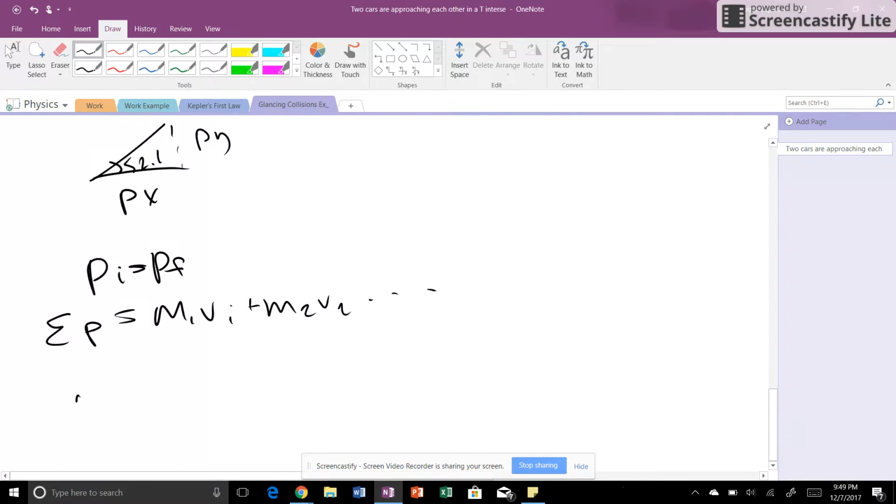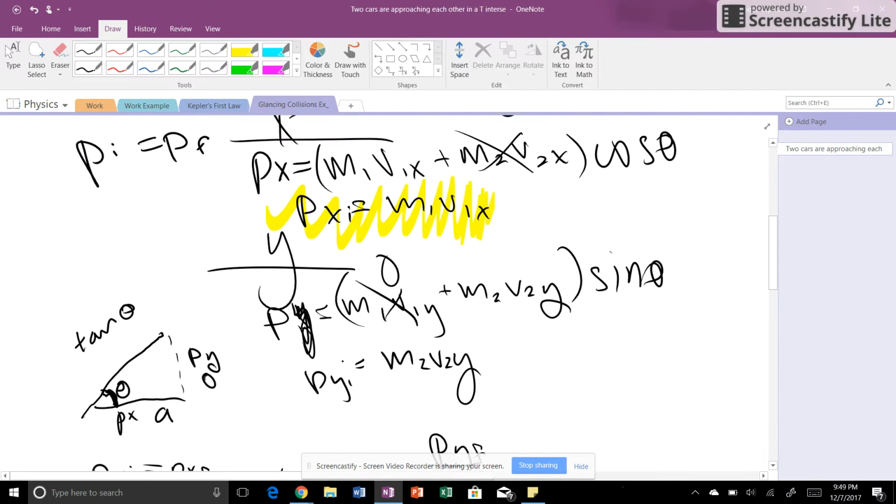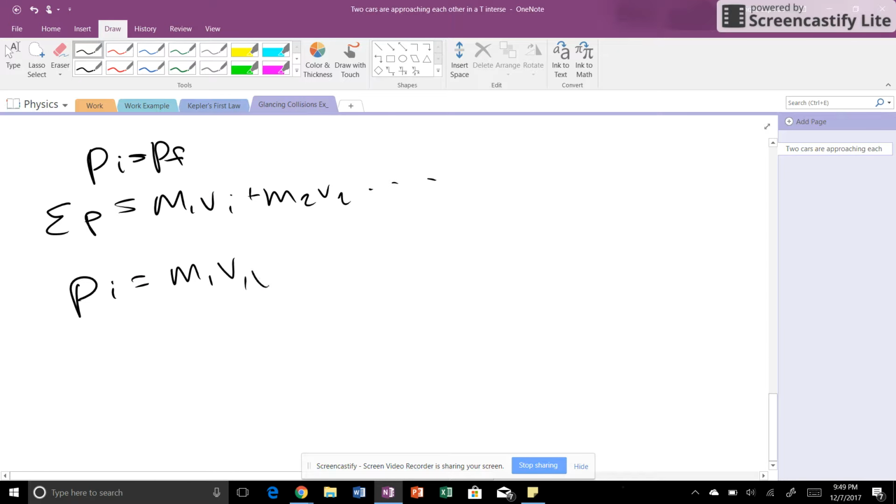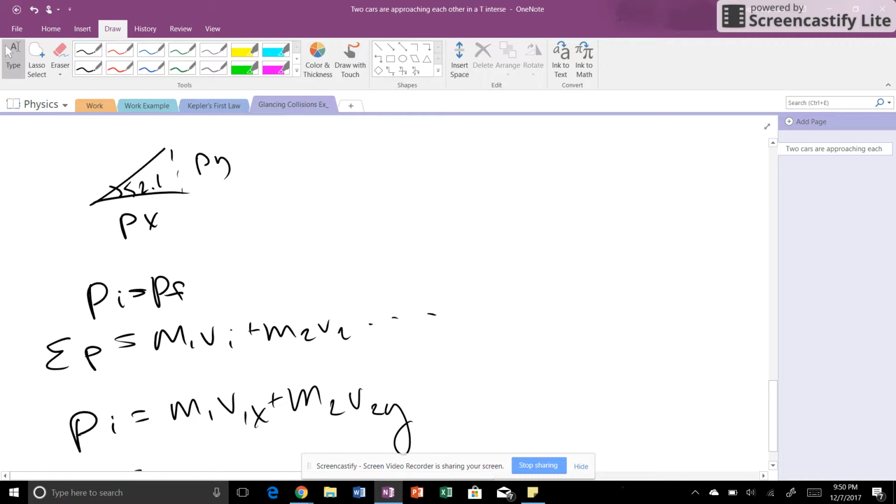So for the initial momentum, we're going to get m1v1x plus m2v2y, and that's going to equal the final one, which is a little more complicated.